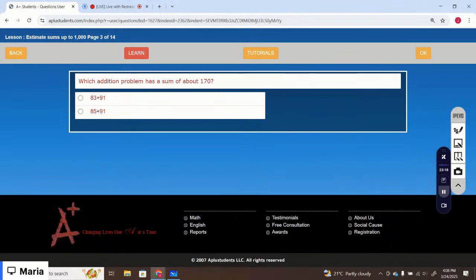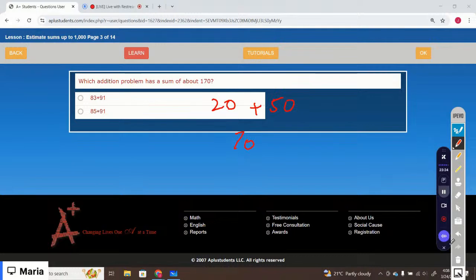Which addition problem has a sum of about 170? So you have to see which one when added, using estimation, makes the sum 170. So 83 is rounded to 80. 91 is rounded to 90. Just add 8 and 9, which makes 17.